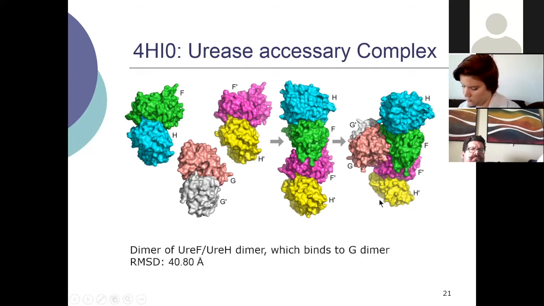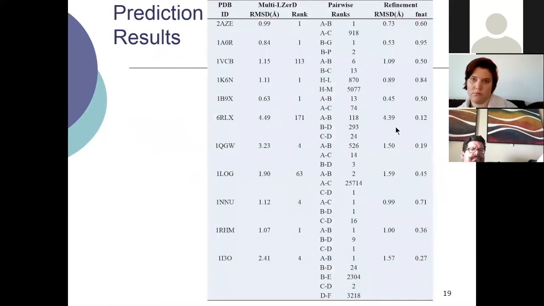I have one other question. There's an example here where some of the binding surfaces cross various complexes. You don't have the binding surface for the third protein until the first two come together. Is that what makes it 918th in the rank? Yes, I think so.